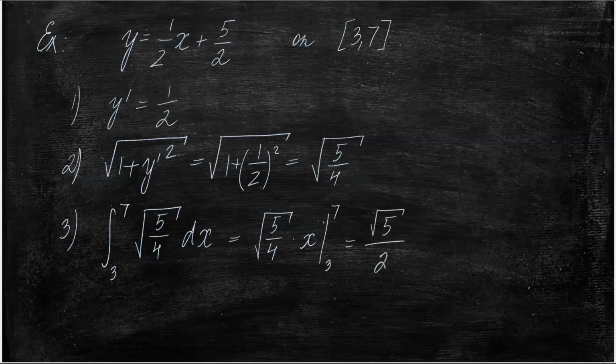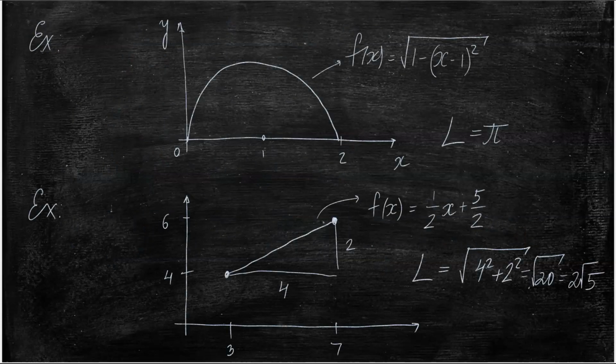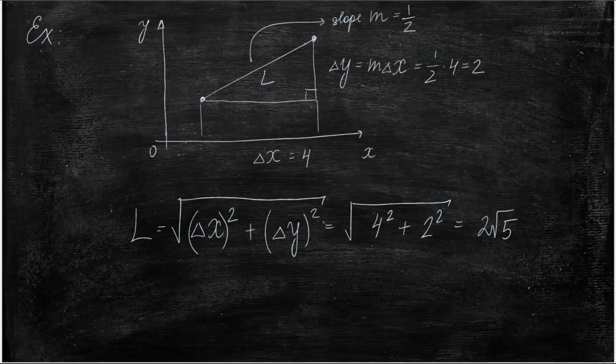So this is that, and here we have 7 minus 3. So the final answer is 2 radical 5. If you remember, this is that same problem that we did earlier. So hopefully now we've built enough trust into this formula, and let's do more exercises.